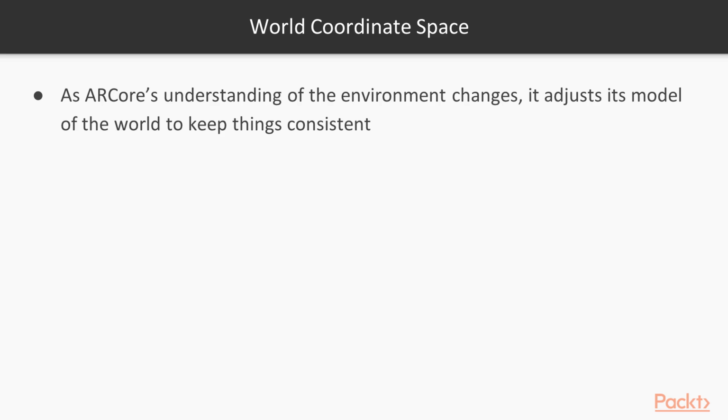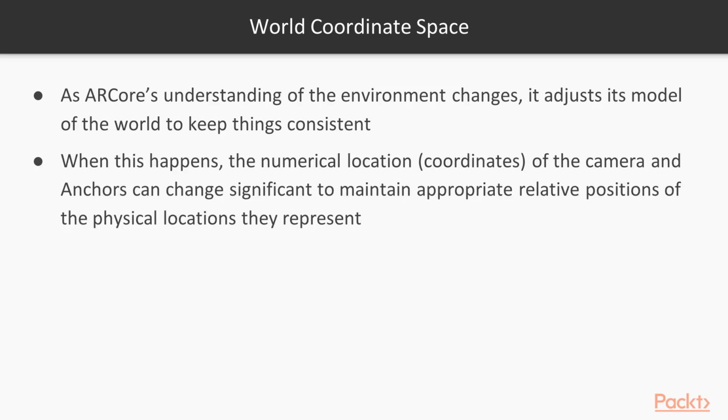So, as ARCore's understanding of the environment changes, it adjusts its model of the world to keep things consistent. When this happens, the numerical location or coordinates of the camera and anchors can change significantly to maintain appropriate relative positions of the physical locations they represent. So this means that every frame should be considered to be in a completely different world coordinate space.